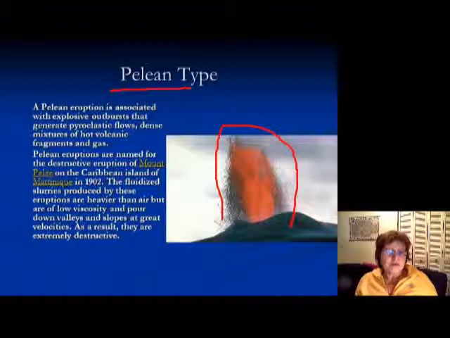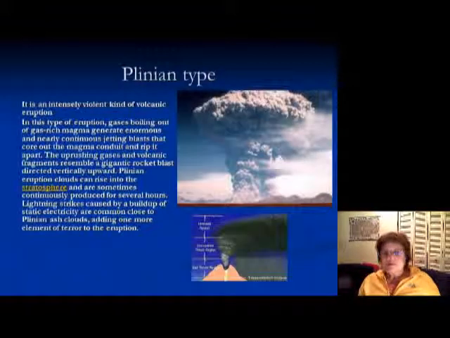This is a typical pyroclastic flow, and this is named after Mount Pelée in the Caribbean island of Martinique, and it happened in 1902. And so these are kind of destructive, but it's nothing like the Plinian eruption, which is the next one. So the next one is the Plinian type.